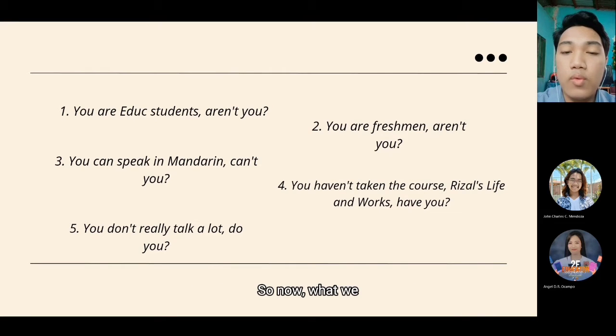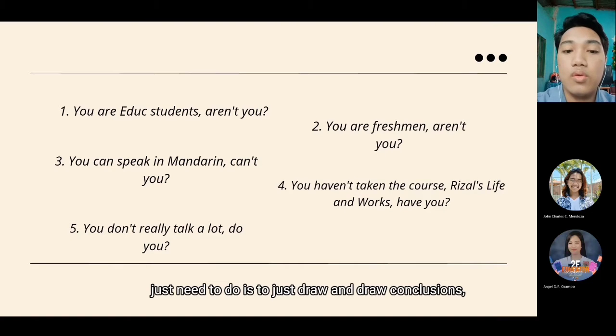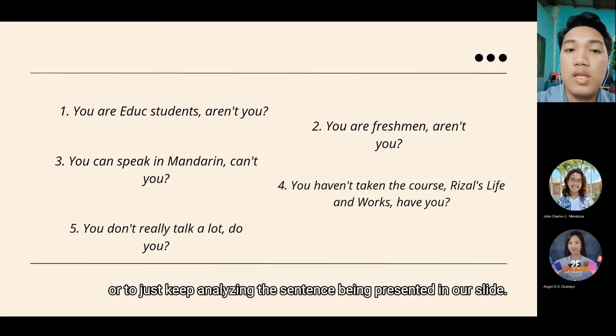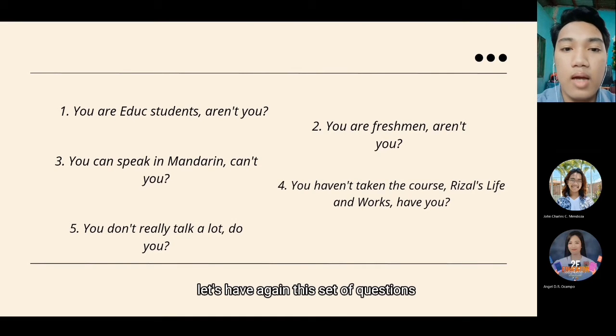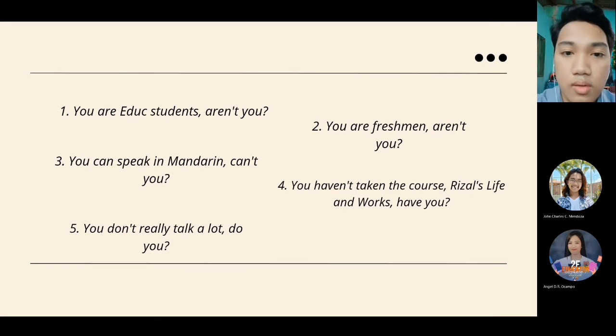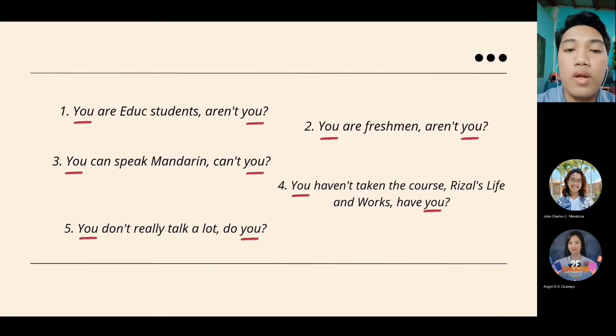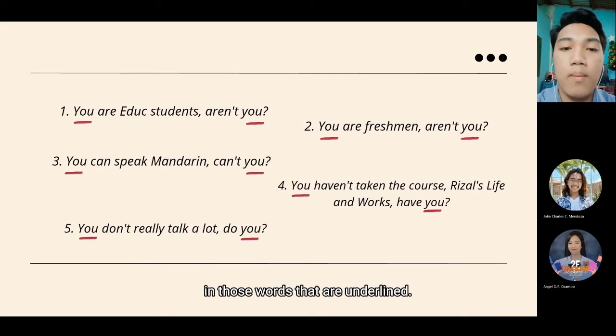So now, what we just need to do is to keep analyzing the sentences being presented in our slide. To continue, let's have again this set of questions. But this time, I want you to focus on those words that are underlined.